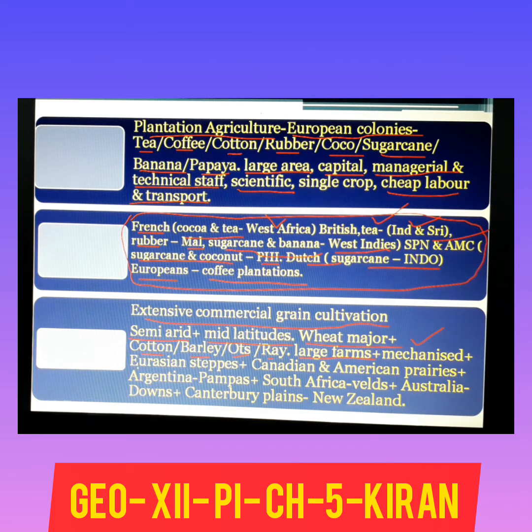It is practiced in the areas that once were grasslands. Okay? So, Eurasian steppes. Steppes are a type of grassland. Canadian and American prairies. Prairies are also grasslands. Argentina's pampas, South Africa's veld, Australia's downs, and the Canterbury Plains of New Zealand, where extensive commercial grain farming is practiced.